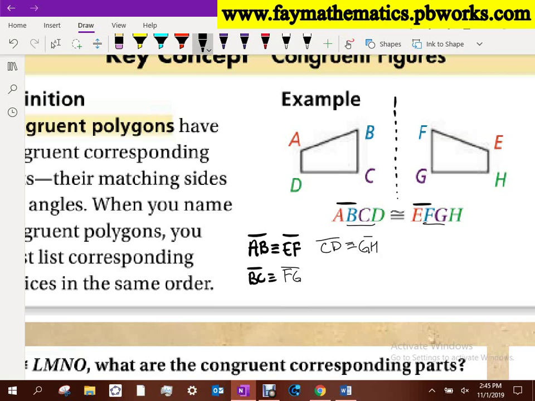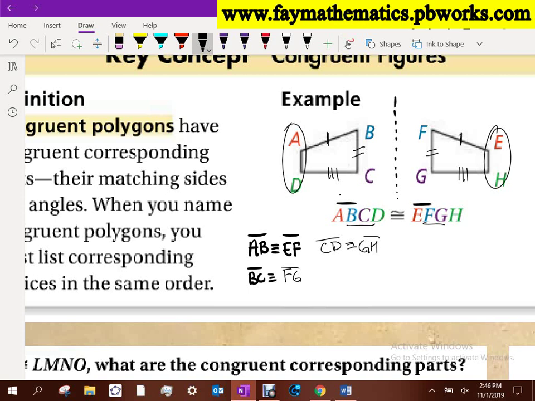GH. And the last one that we struggle with a lot of times, if I go ahead and put these markings in, so we're A, B, and EF, BC, and FG, and then we did these last ones here, CD, and GH. So the last set would be AD and EH, right?